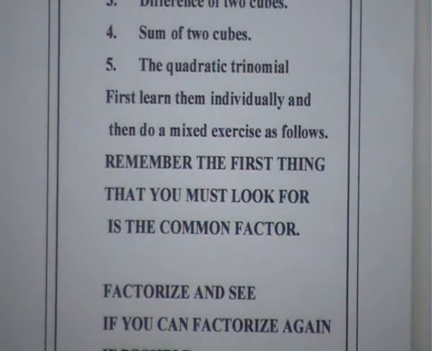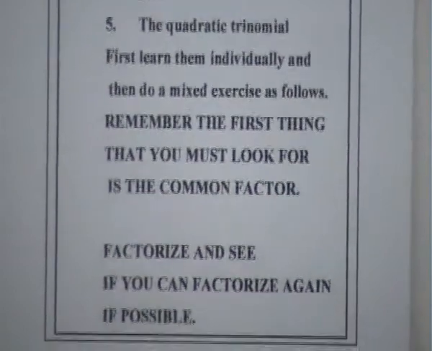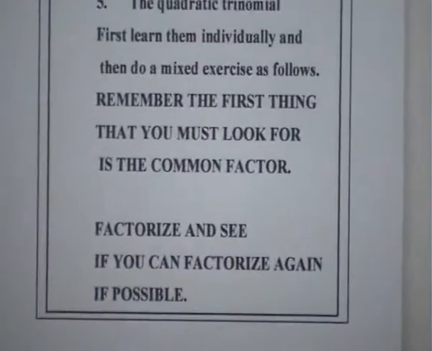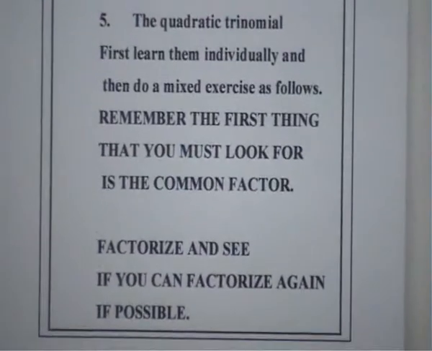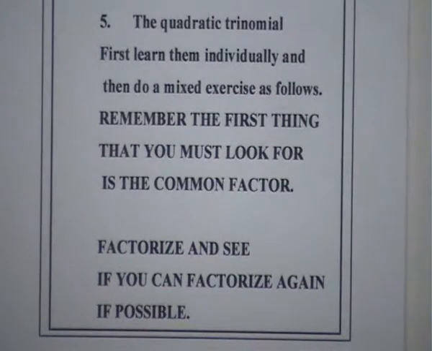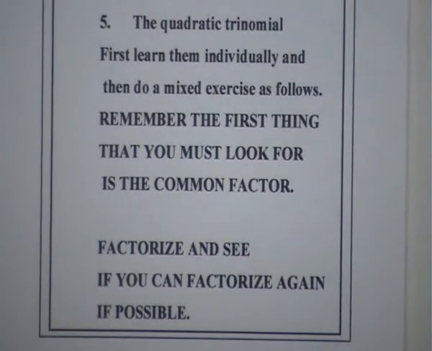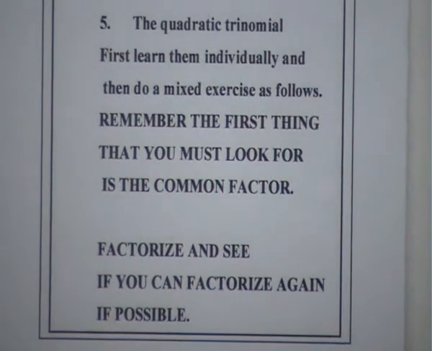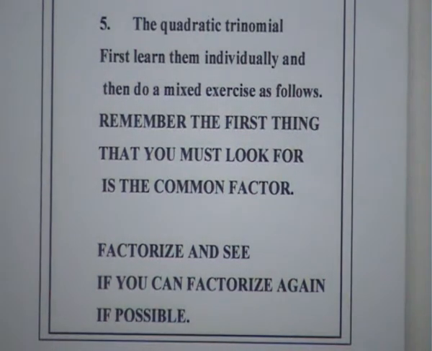In every example in a mixed exercise, the first thing you must look for is a common factor. And secondly, you must factorize and try to factorize again. So you've got your summary, keep it next to you, and then look at the mixed exercise and try it.